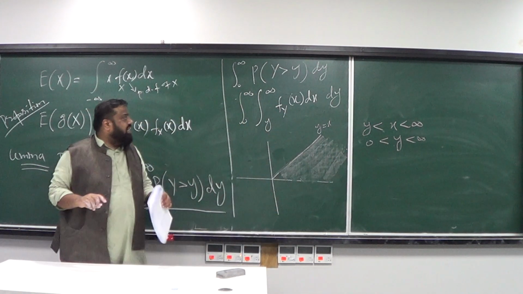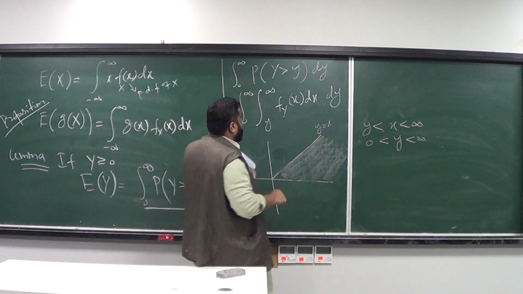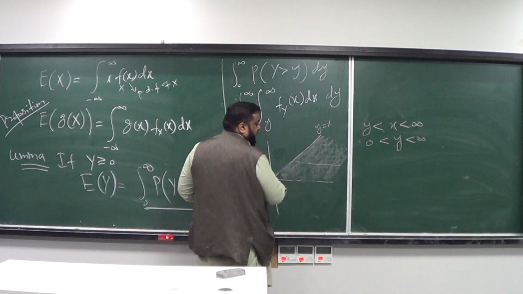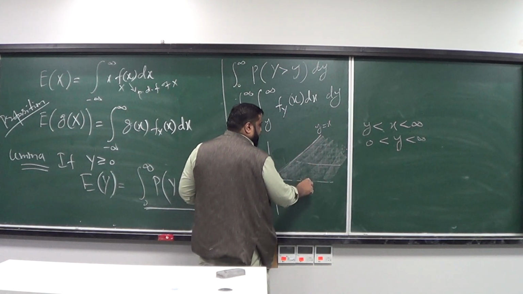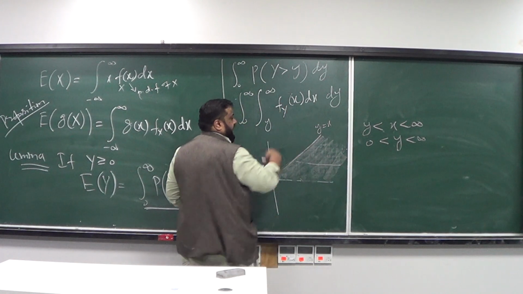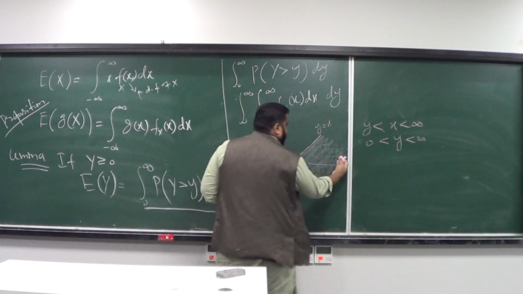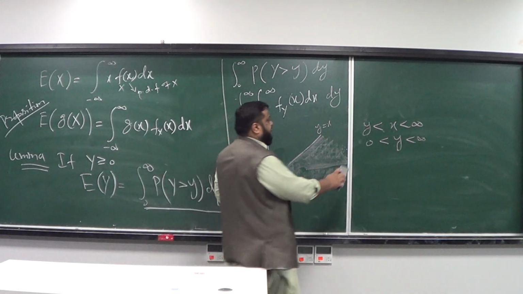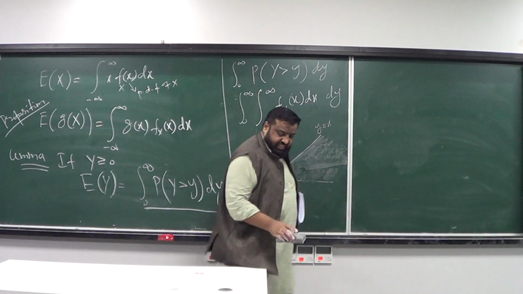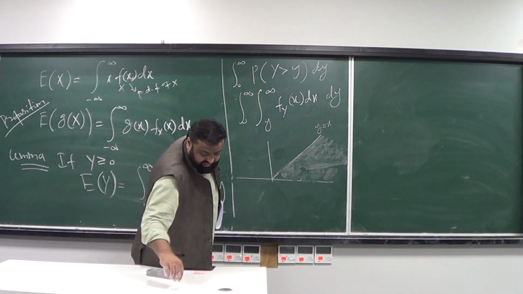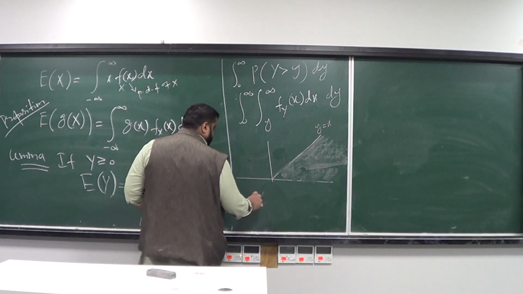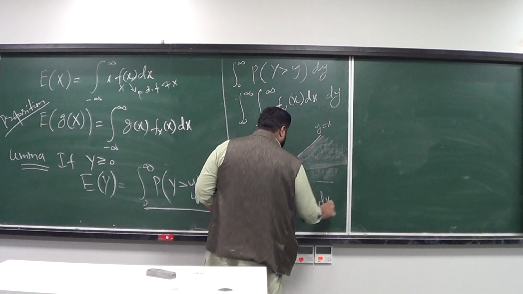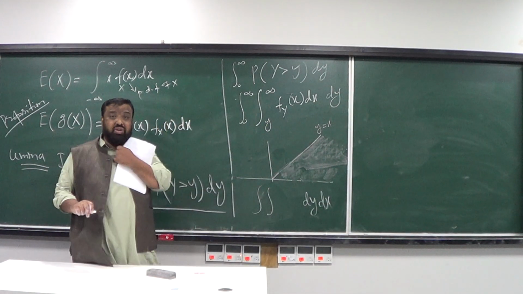And how are the limits going in this region? Currently x starts from y and goes forever, while y starts from 0 and goes forever. Now if you want to change the order of the integration, so if I want to write this integral as the integral dy dx, then I need to put the limit on y.